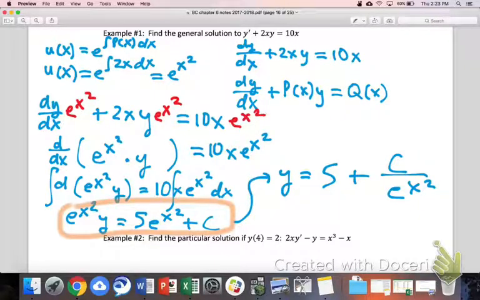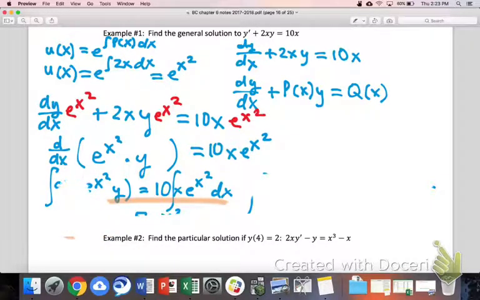I'm going to erase some stuff and kind of show where that formula would come into play. The formula is going to feel a little shorter. I just want to show you a process to actually get there instead of the magic formula. So I'm going to erase all this stuff.